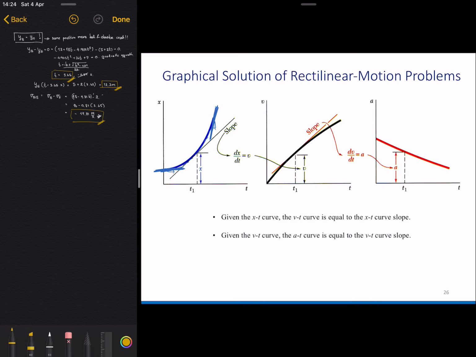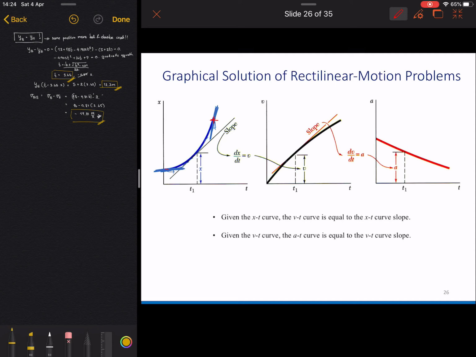The slope at this point and this point, this one is way higher than this one. Okay, more slope, less slope, and you can already see here that the magnitude on this point is way more than the magnitude on this point.